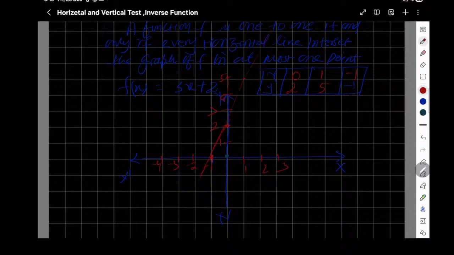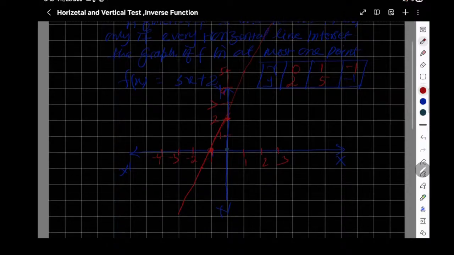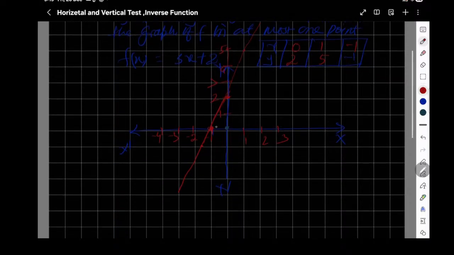So the graph at x = 0, and at x = -1, y is -1. Look here, the line intersects at x = -1.